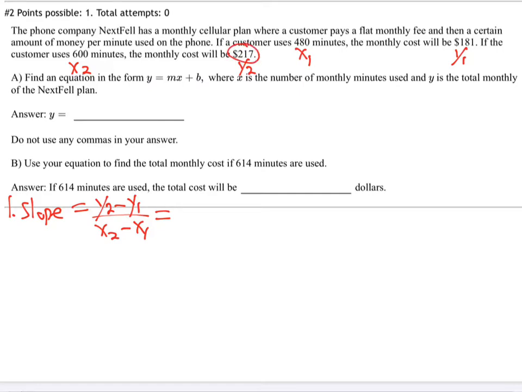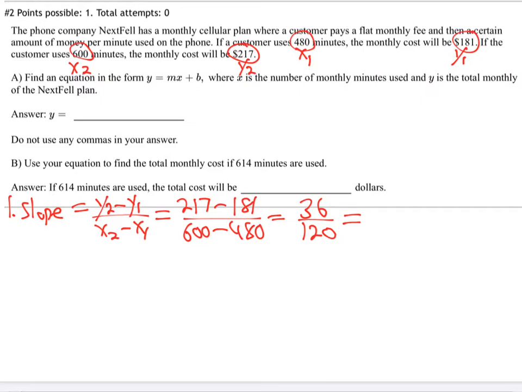Here it is. 217 minus y1, 181, over x2, 600, minus x1, 480. That's 36 over 120.